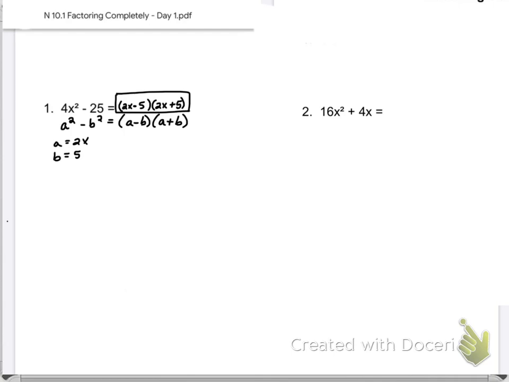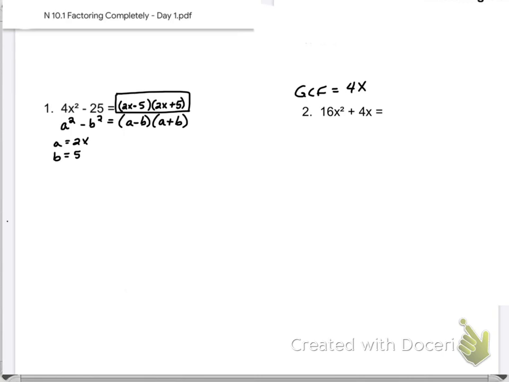Now let's look at 2. 2 does have a greatest common factor. The GCF of this one is 4x. That means, what is the largest number or combination of numbers and variables that I can divide both things evenly by? What's a common factor that I can divide by?